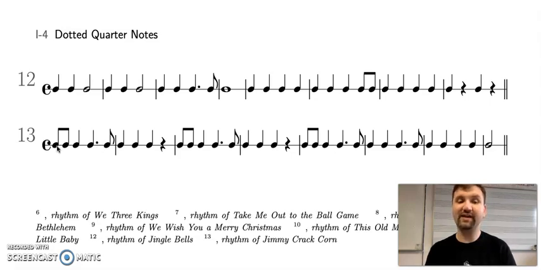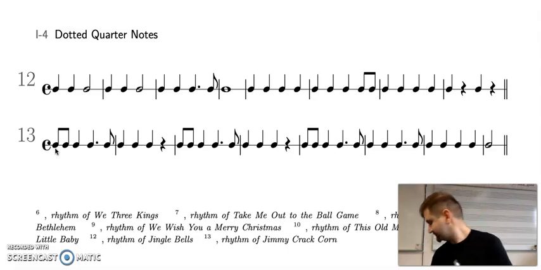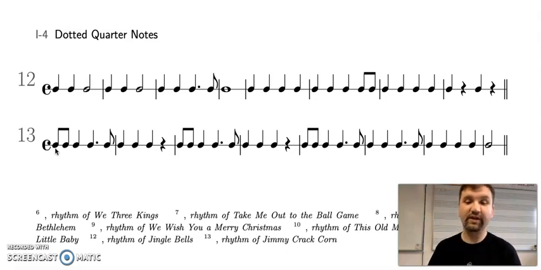And we have that several times in this. Take a moment and look through the entire line. Now let's count it together. Ready?